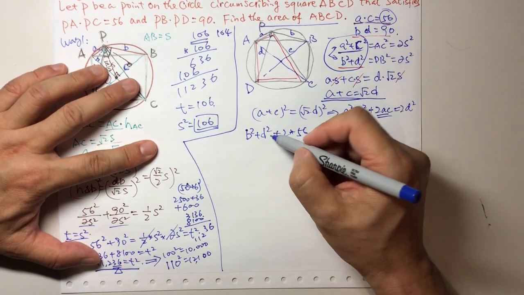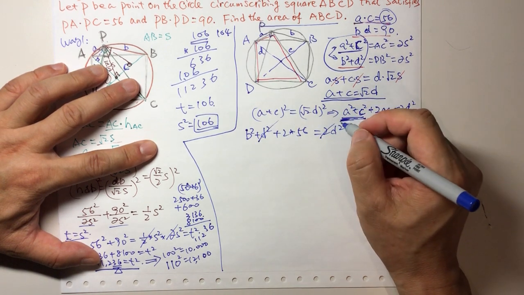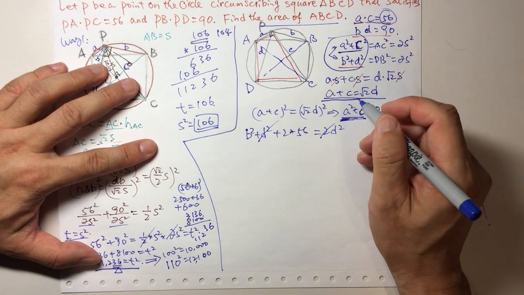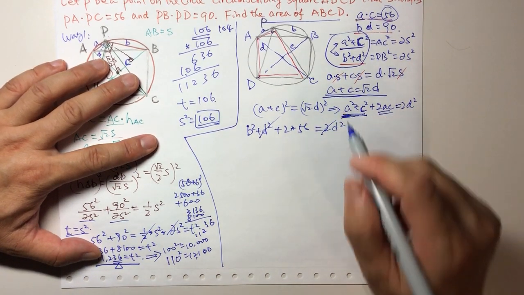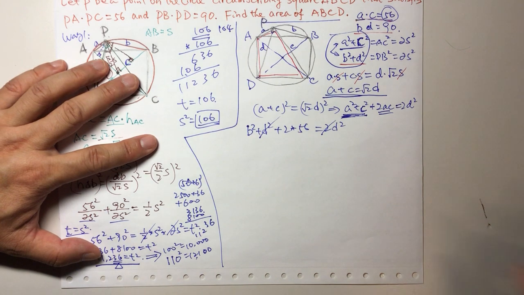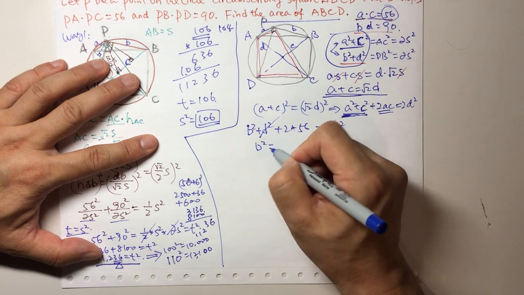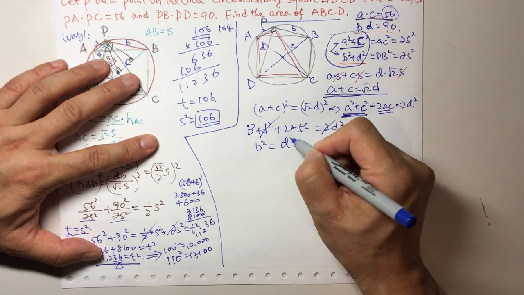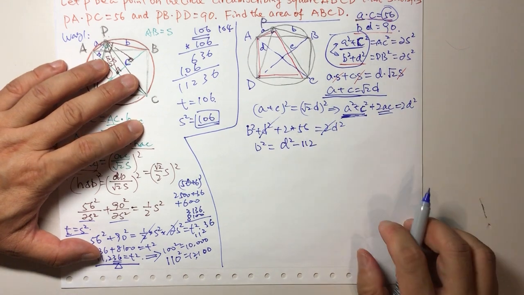Now 2D squared minus 1D squared, and we will get B squared equals D squared minus 112, right?